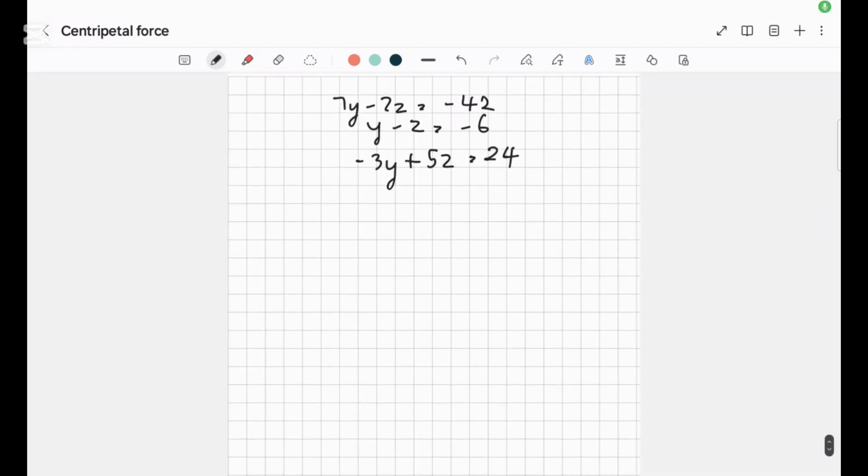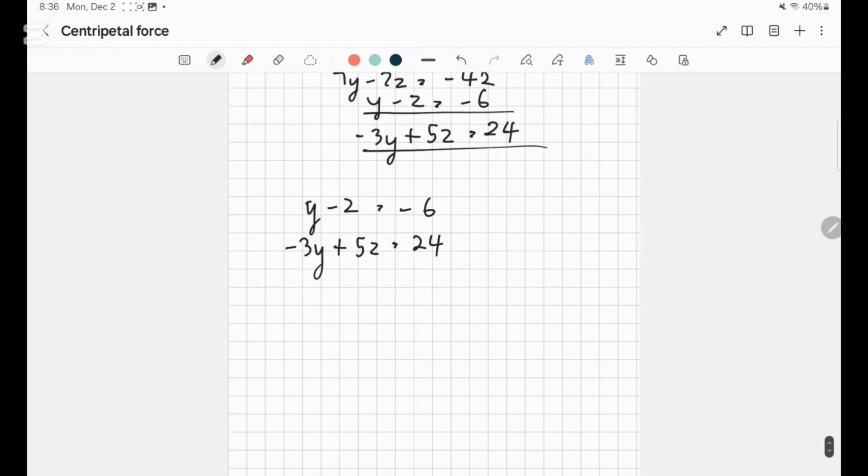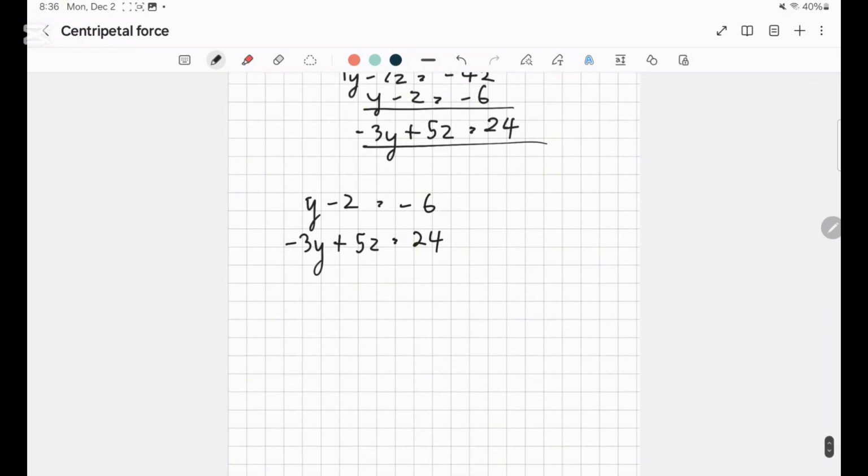So then now we have these two equations. This one and this one. Okay, so I'll write them down again. Okay, now we're using substitution, right? So let's take our first equation.